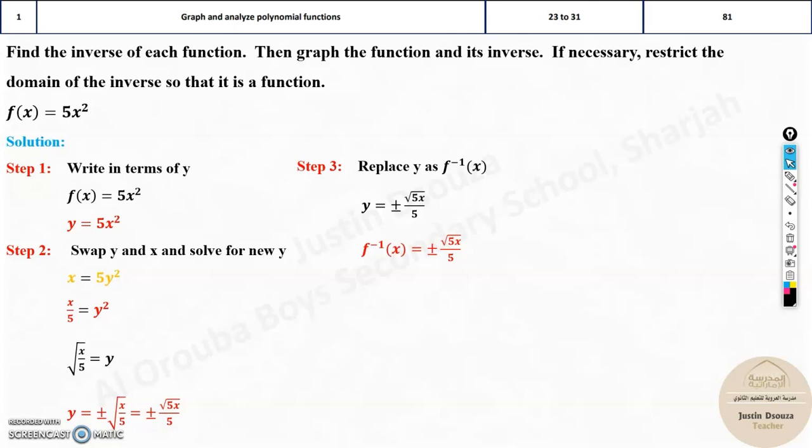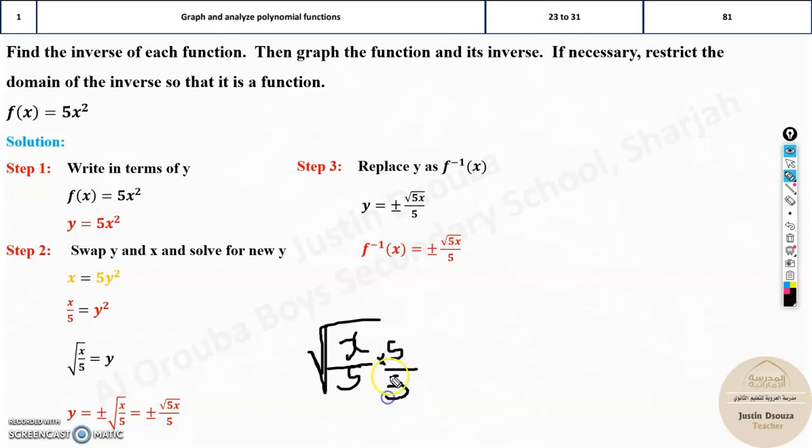Now this is the answer, but generally your textbooks will have it in a different form. Since you have x by 5, what happens is they generally multiply this by 5 up and down.